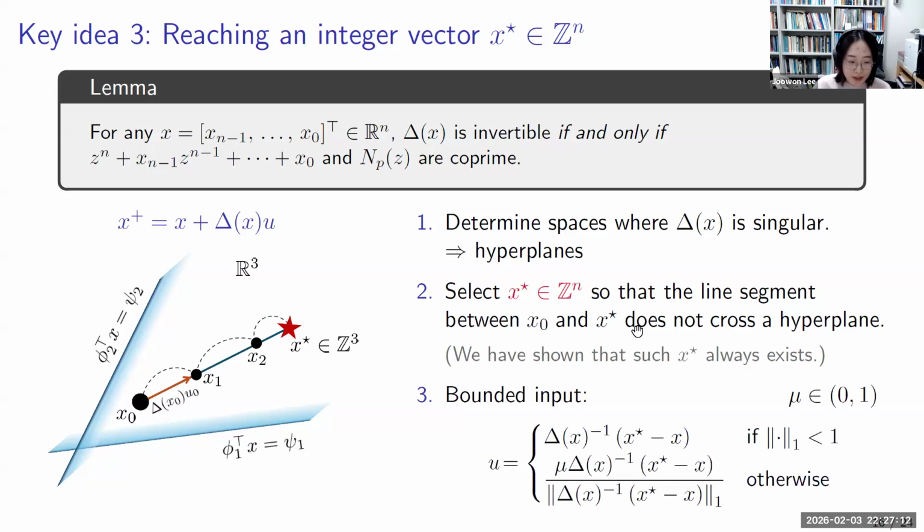And the final step is to design a bounded input that has its one norm less than one, and it is designed like this. So it obviously is bounded, and here mu is just a design parameter. This input just moves x along this line segment.